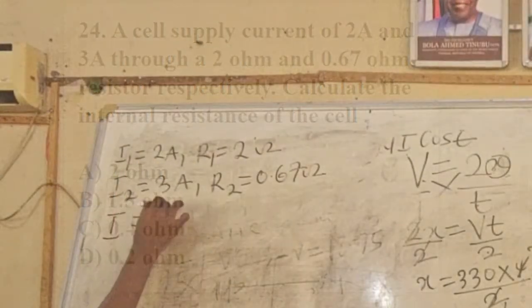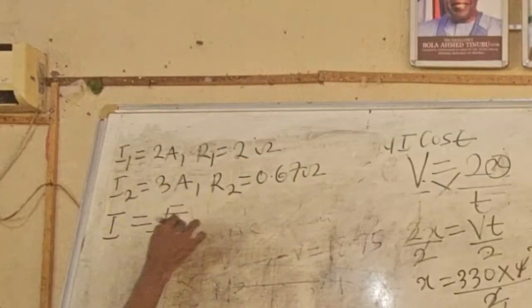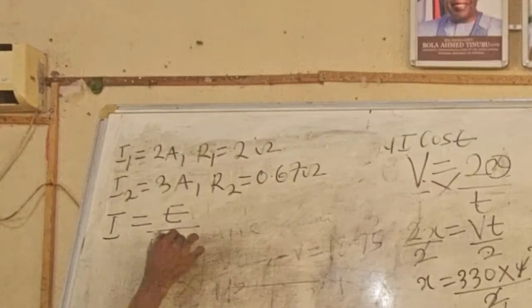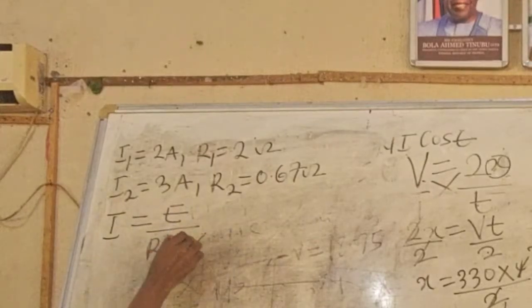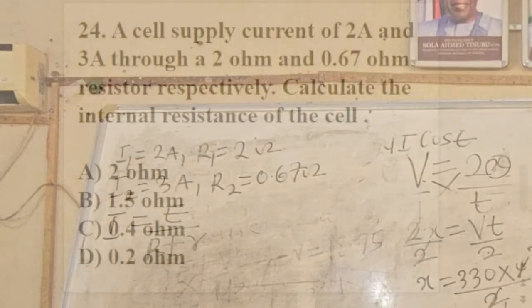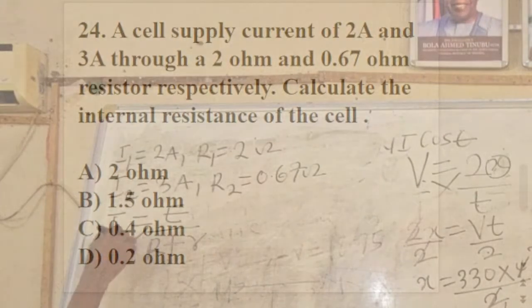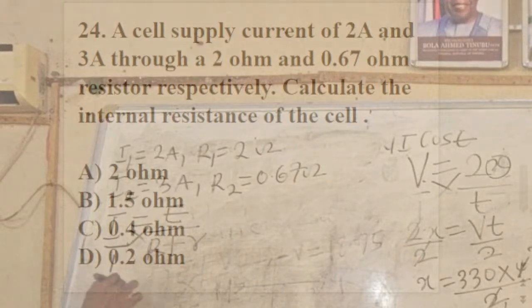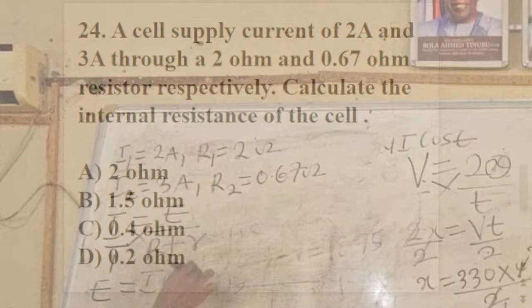Current is equal to the EMF of the cell all over external resistor plus internal resistor. Everybody knows that, I believe. So let's cross multiply now, shall we? So 1 times E gives us E is equal to current into R plus r.